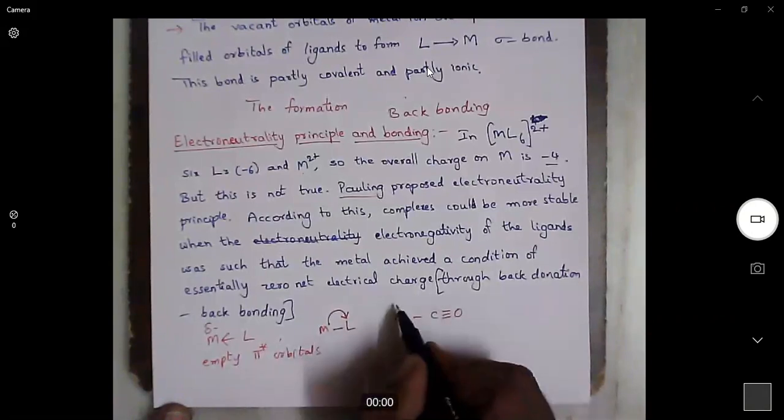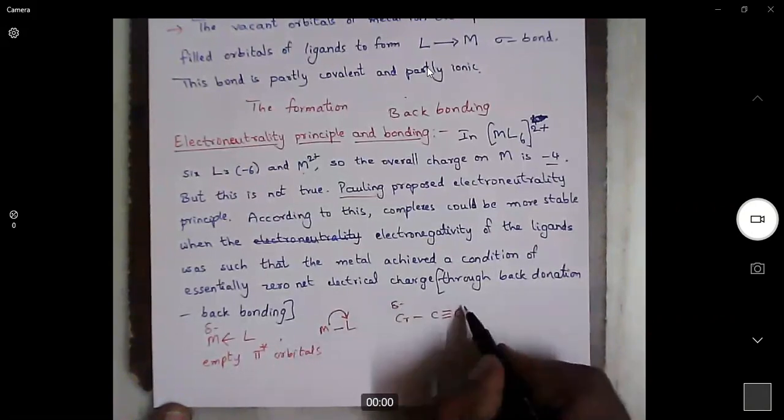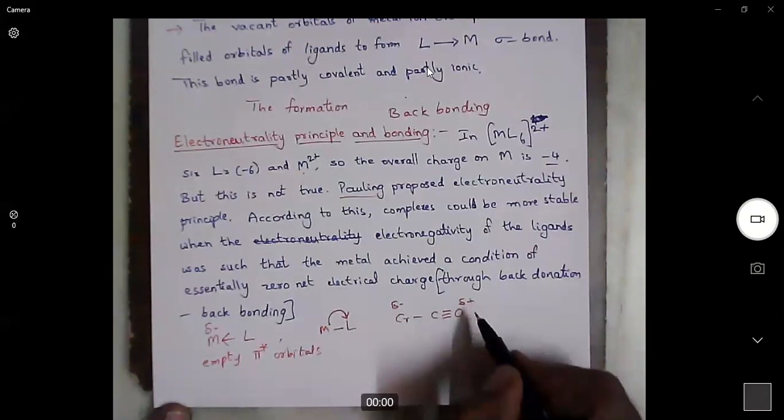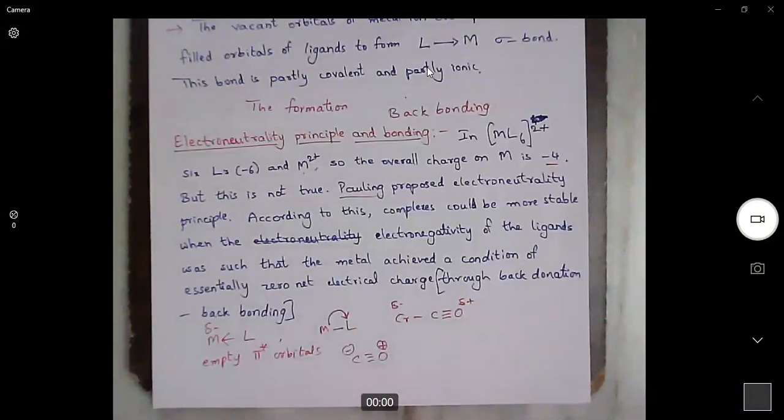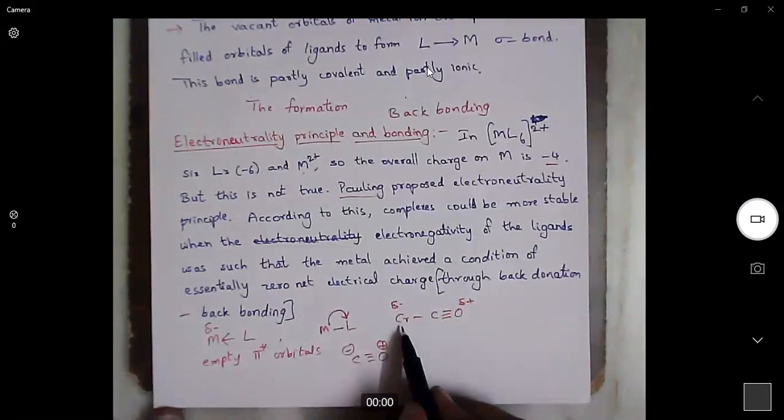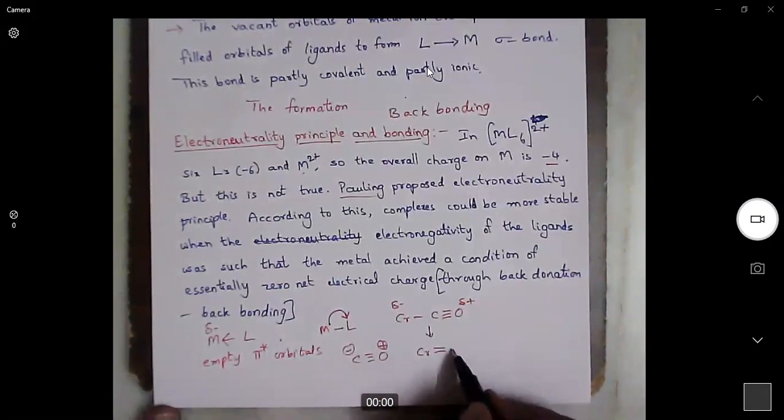So the metal will get partially negative charge. Oxygen will have partial positive charge, because this is the actual structure of carbon monoxide. Now, because the metal is gaining negative charge, it will try to donate the additional electrical charge back to the carbon monoxide ligand.